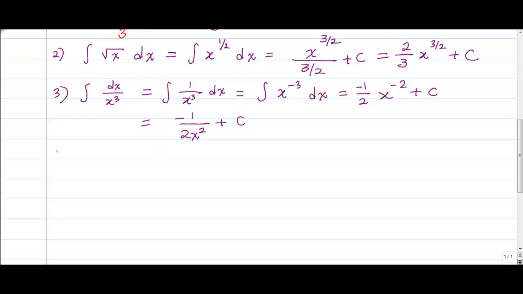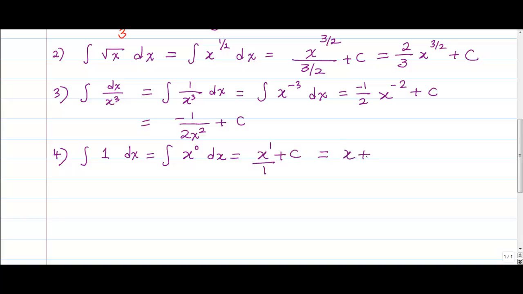Let's look at another example. The integral of 1 dx. Well, what's another way to write 1? Isn't it just x to the 0? Okay, so again, you add 1 to the exponent and divide by the new exponent, which is 1, plus c.